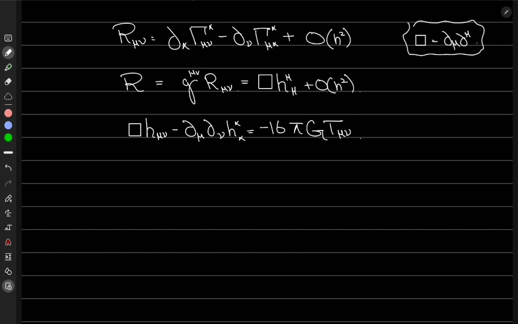So in the weak field limit now, we can assume that this energy momentum tensor T mu nu is dominated by the stress energy of non-gravitational matter. Since the gravitational field is weak, the energy or momentum is coming from non-gravitational matter instead of some gravitational matter which can cause curvature, right?